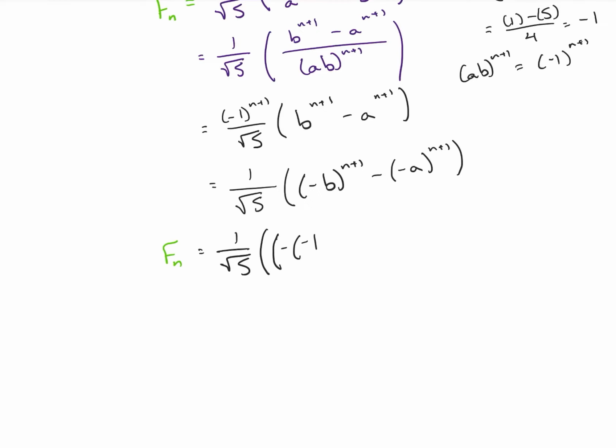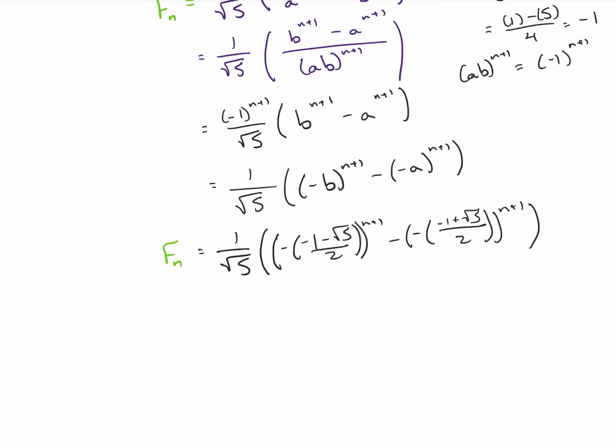So negative 1 minus square root of 5 over 2 to the n plus 1 minus negative, so we've got to make sure my parentheses, so negative 1 plus square root of 5 over 2 to the n plus 1.